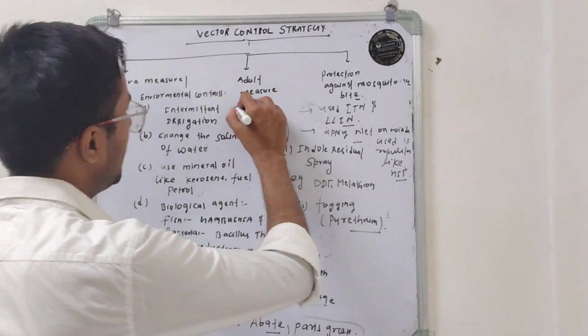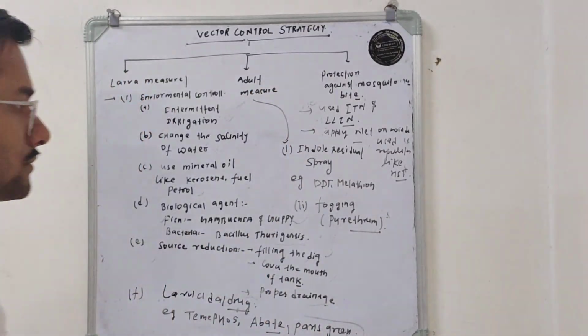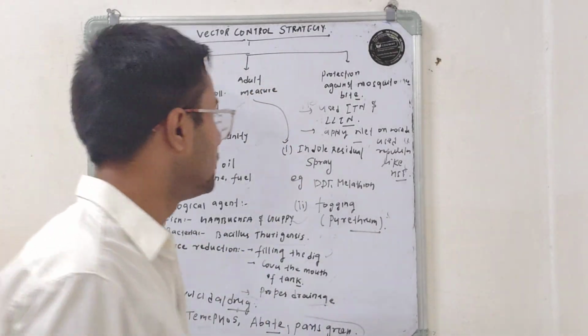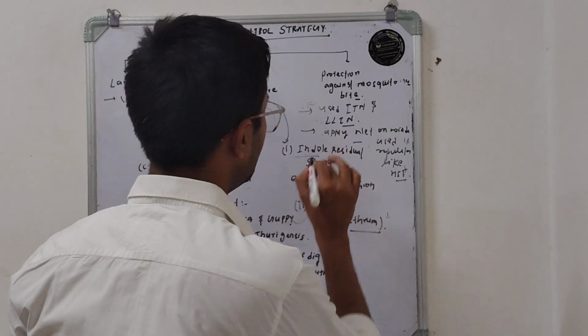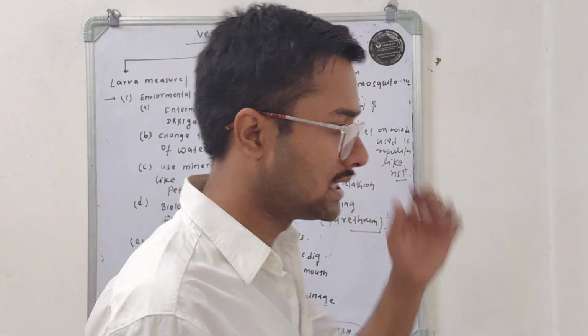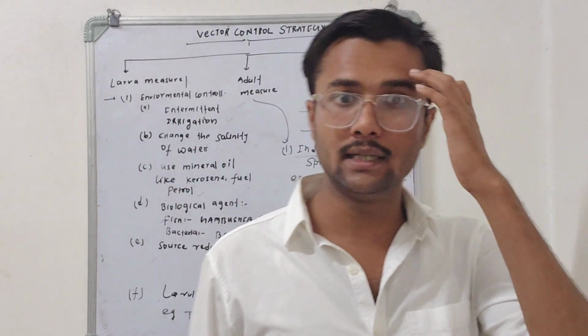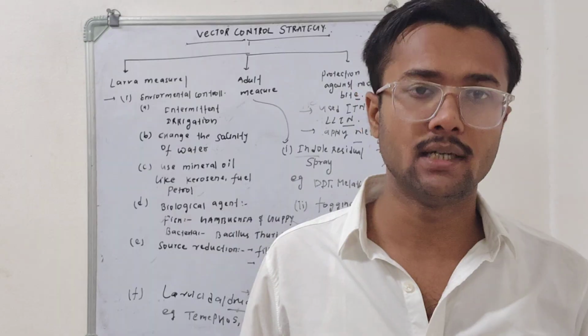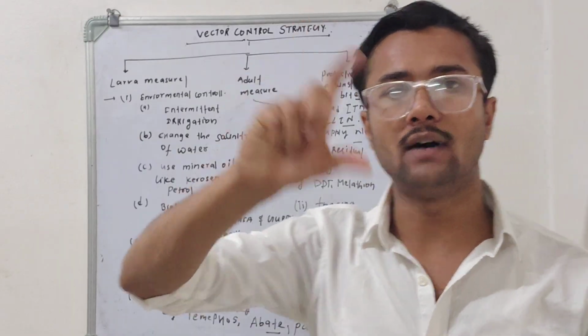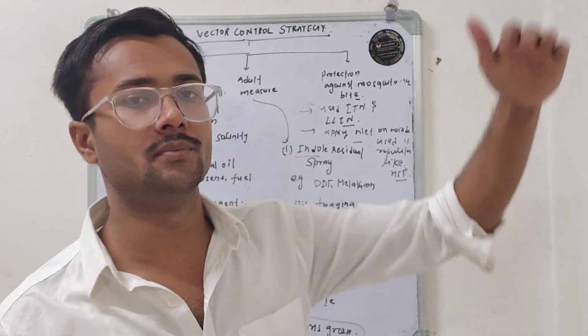How do we control at the adult measure? In adult measure we go for indoor residual spray. What is this indoor residual spray? In indoor residual spray, we spray on the walls of our homes.